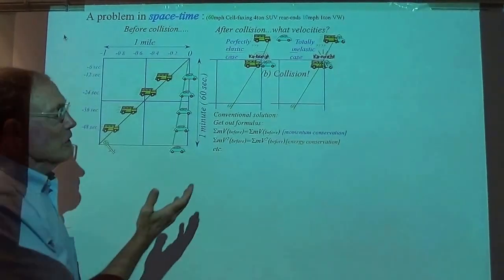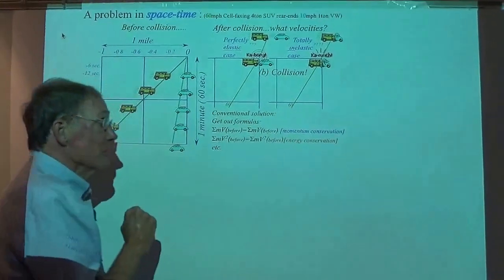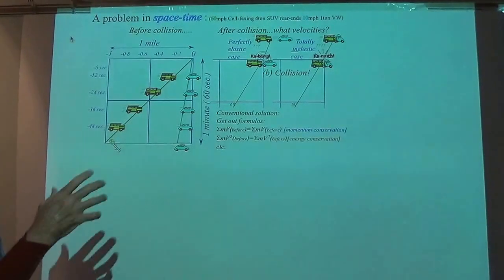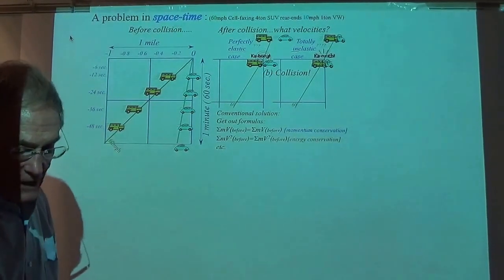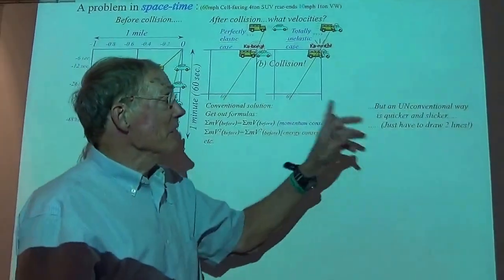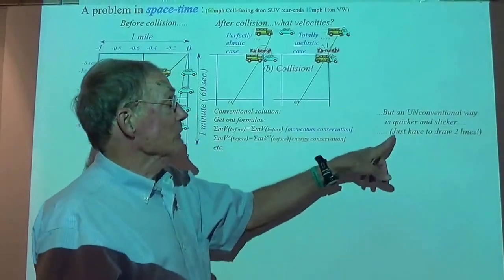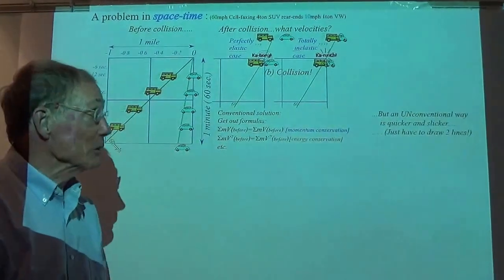What is it that you need to say in order to get what is called kinetic energy? And it's going to come out of this geometry that we have here. So, this unconventional way, I claim, and I think you'll agree with me after we do it, is, shall we say, quicker and slicker.